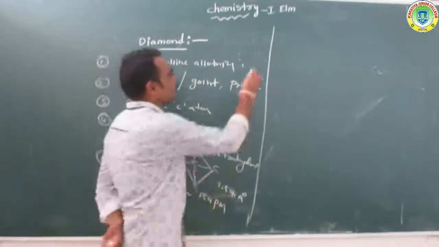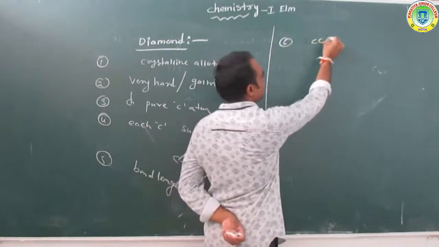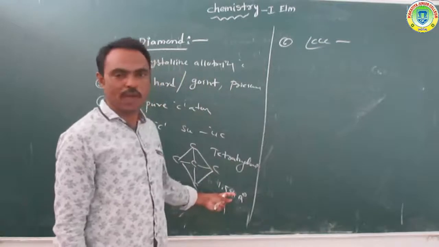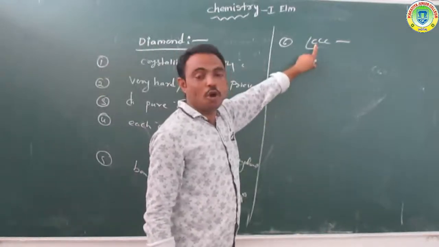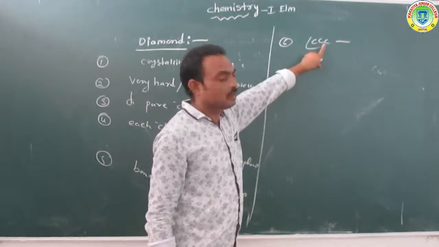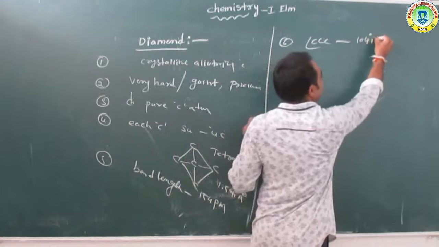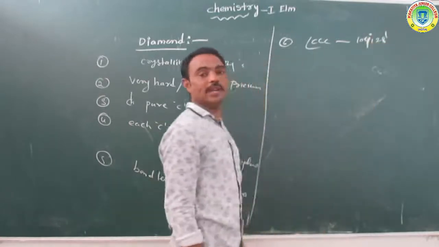At the same time, the bond angle between carbons is 109 degree 28 minutes.